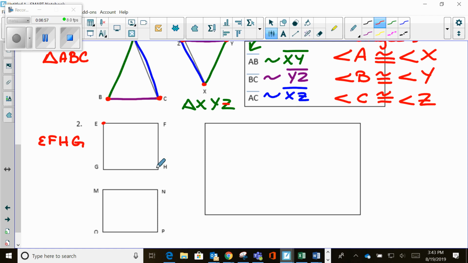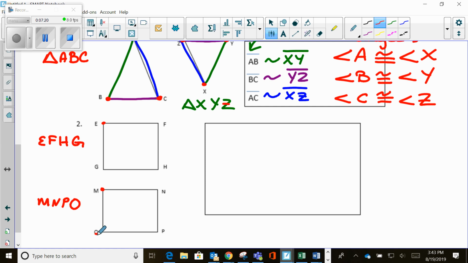You could go counterclockwise, but whatever direction you do for one, you do the same direction for the other. So that means the second one, I'm going to start with M, and I'm going to go in a clockwise motion. So that name is going to be M, N, P, O.